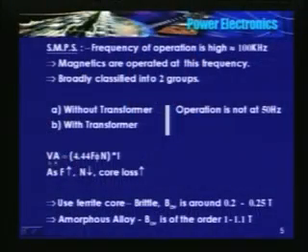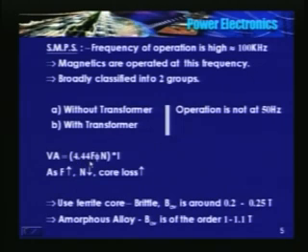See, a very popular equation: the VA, volt ampere rating of a transformer is approximately given by 4.44 into F into phi into N. This is the voltage induced in the windings. N1 is in the primary, N2 is the secondary, into the current.